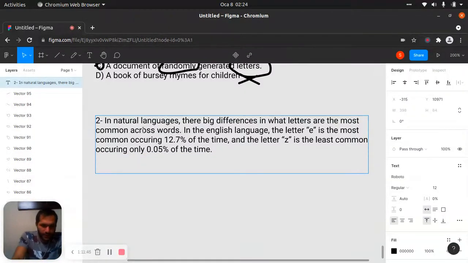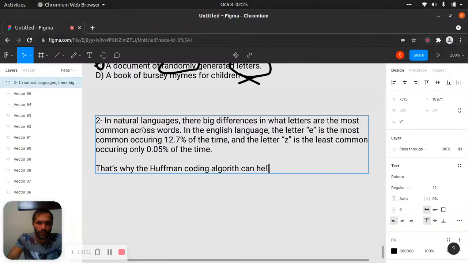Let's come down. That's why the Huffman coding algorithm can help us.